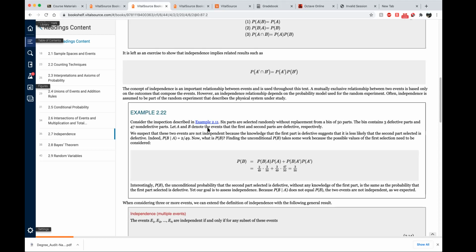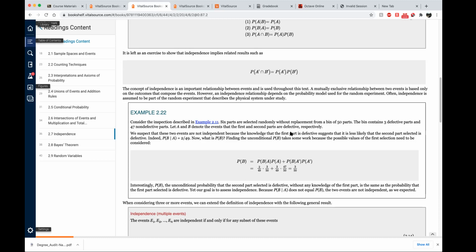Let A and B denote the events that the first and second parts are defective. The probability that the second part is defective will be affected by the first event, right?